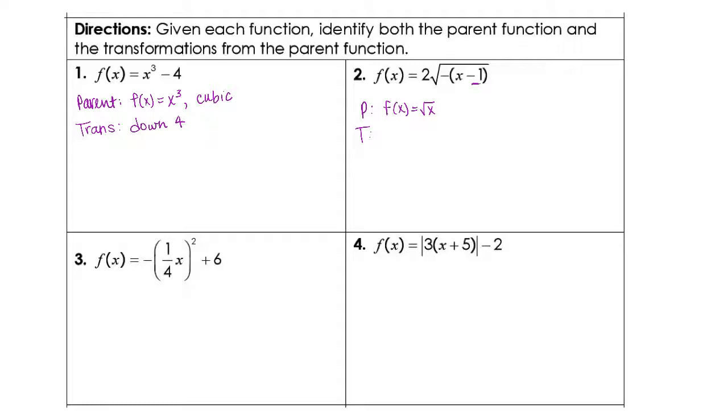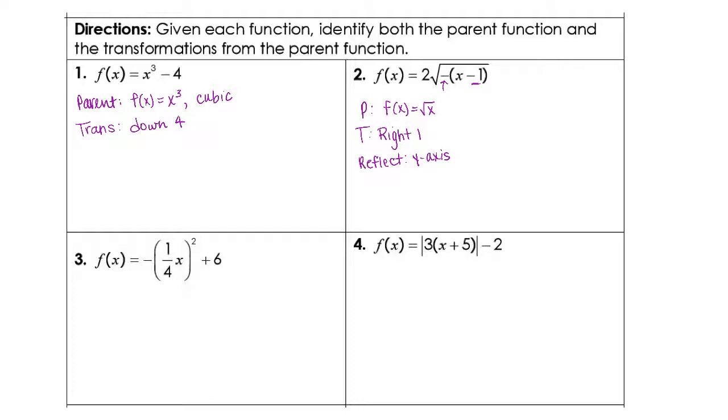Nope, it's going to go the opposite of what we think, so it's going to go right 1. And then we are going to have a reflection, and that reflection, we are going to reflect over the y-axis, and we know that because the negative's on the inside. So reflect about the y-axis.